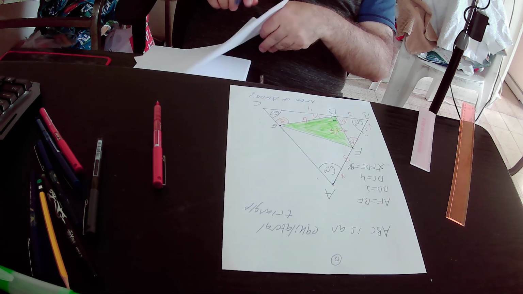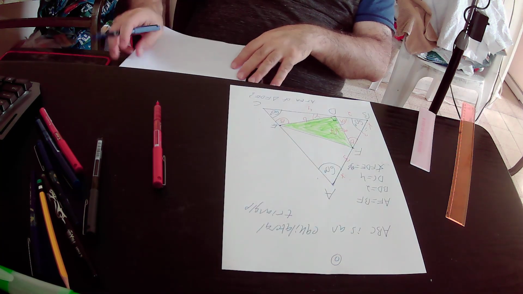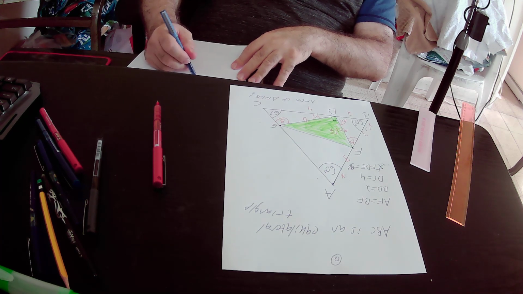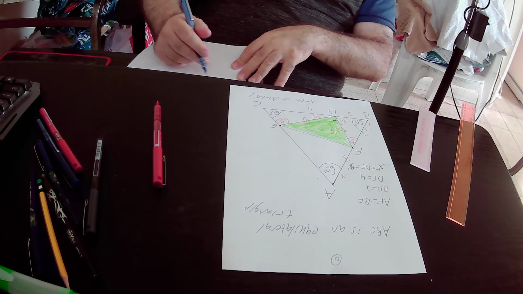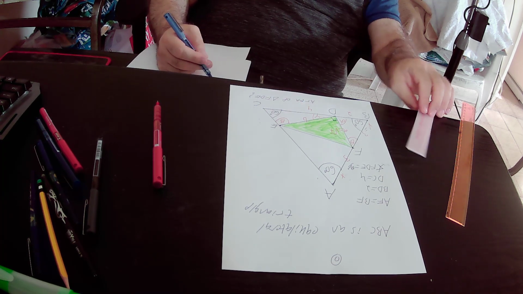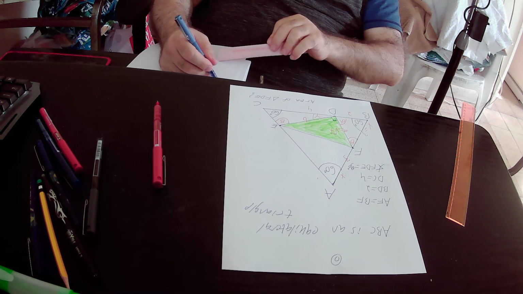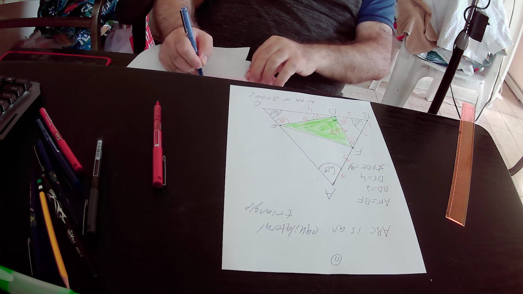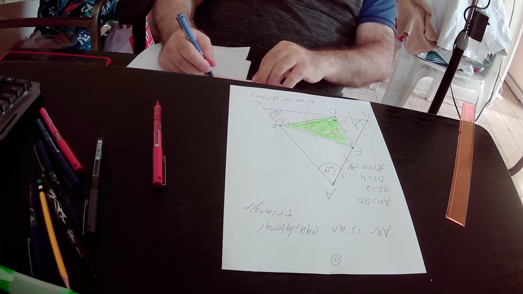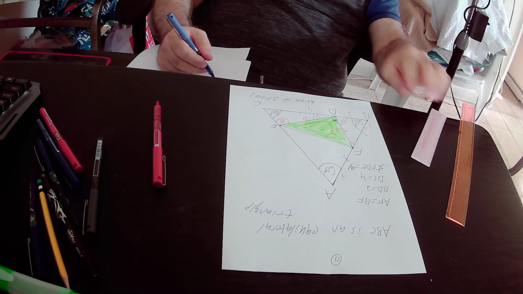Our second equation will be that in triangle DC, the sum of its angles equals 180 degrees. What is the sum of the angles in triangle DC?